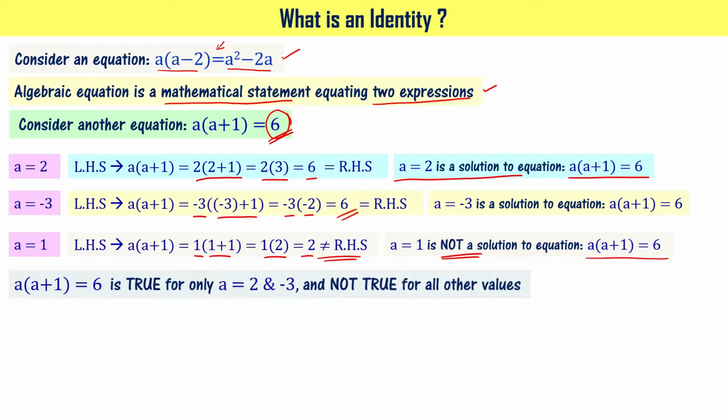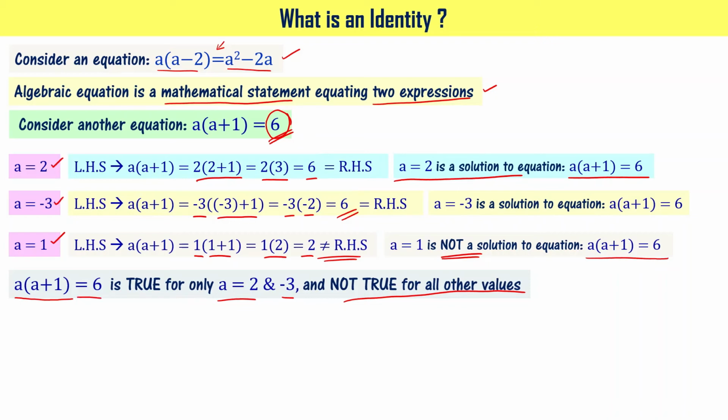A times a plus 1 equal to 6 is true for only a equal to 2 and a equal to minus 3, and not true for all other values. We have seen only the case of a equal to 1, but you can substitute any of the numbers and see that this particular expression, when you get the value for different values of a other than 2 and minus 3, you will not get it as 6.